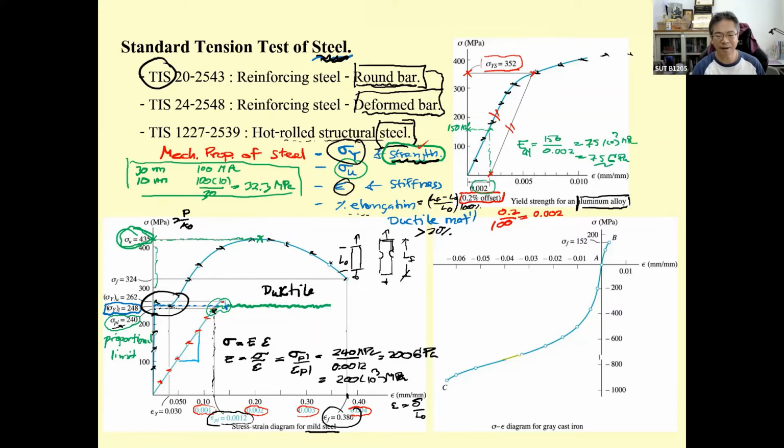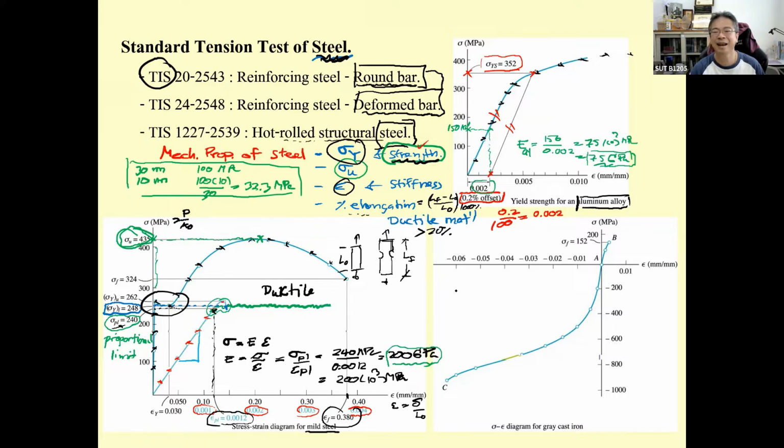That is about 3 times lower than the modulus of elasticity of the steel. That means the aluminum has a smaller stiffness compared to the steel.